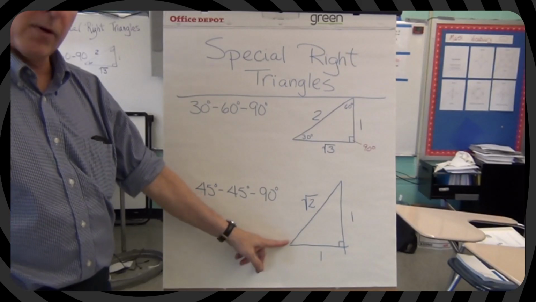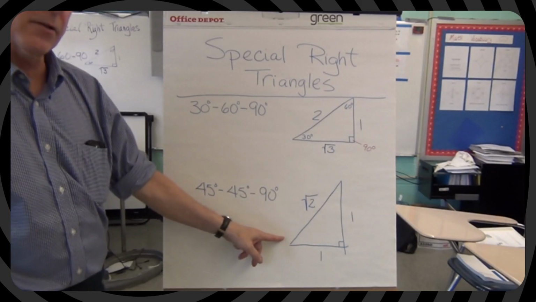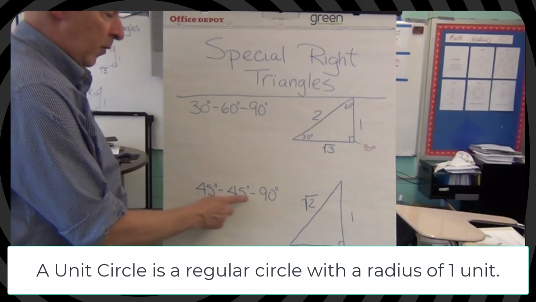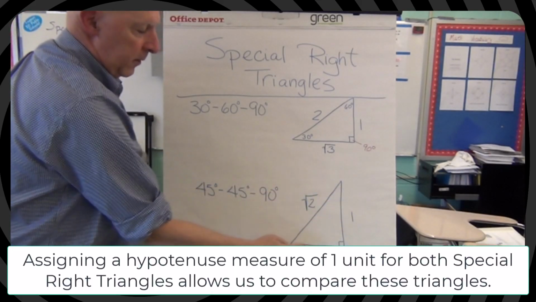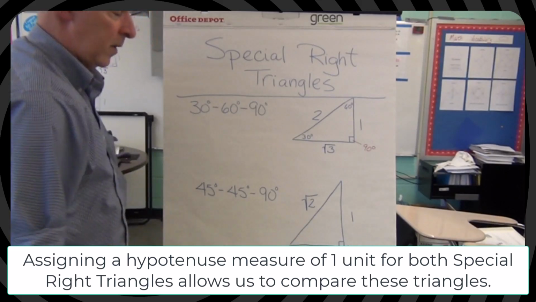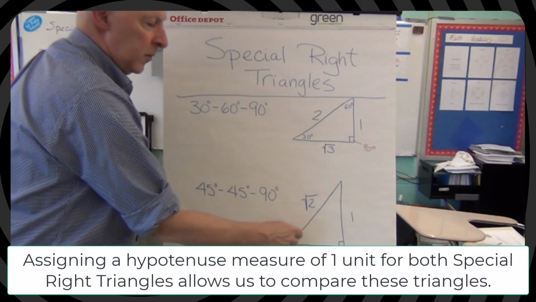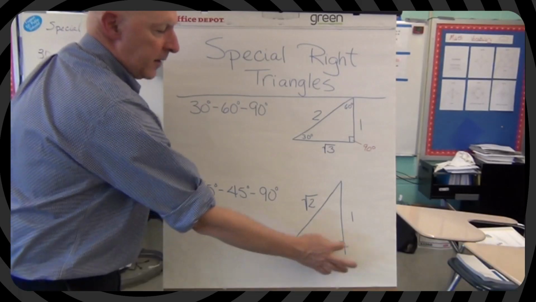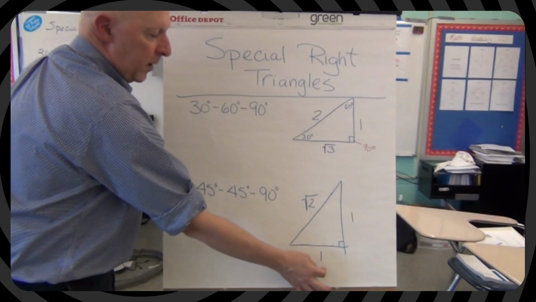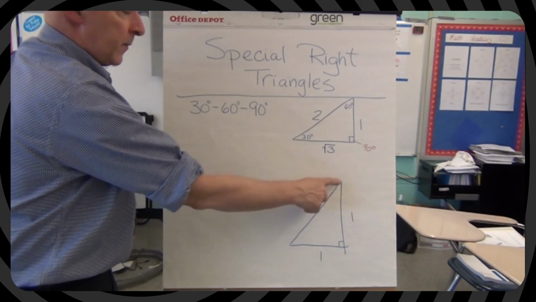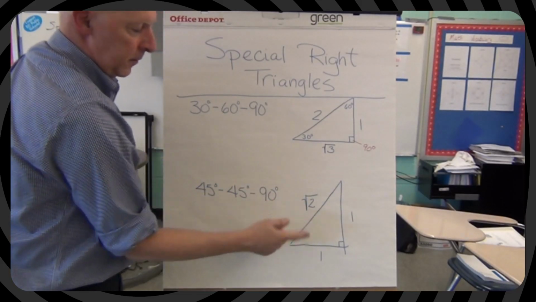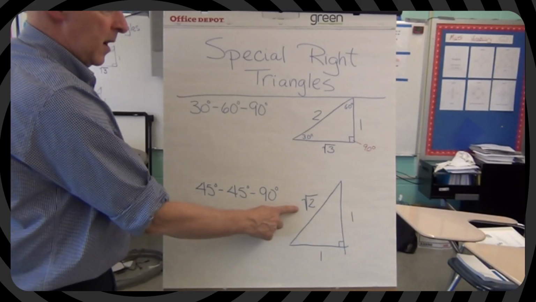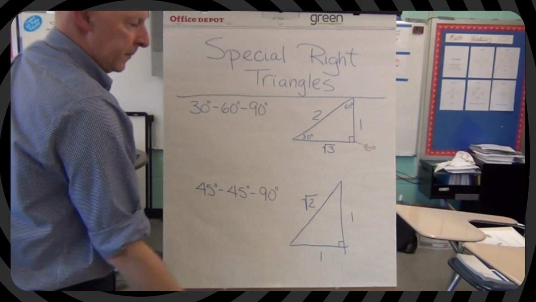The reason is we want to fit both of these into a unit circle. 45, 45, 90 degrees, that means this angle here is 45 degrees, and this angle is 45 degrees. The two angles are equal, so the sides are equal. They have a relationship of 1 to 1. This is part of a square, so this side here, using the Pythagorean theorem, comes out to be the square root of 2.